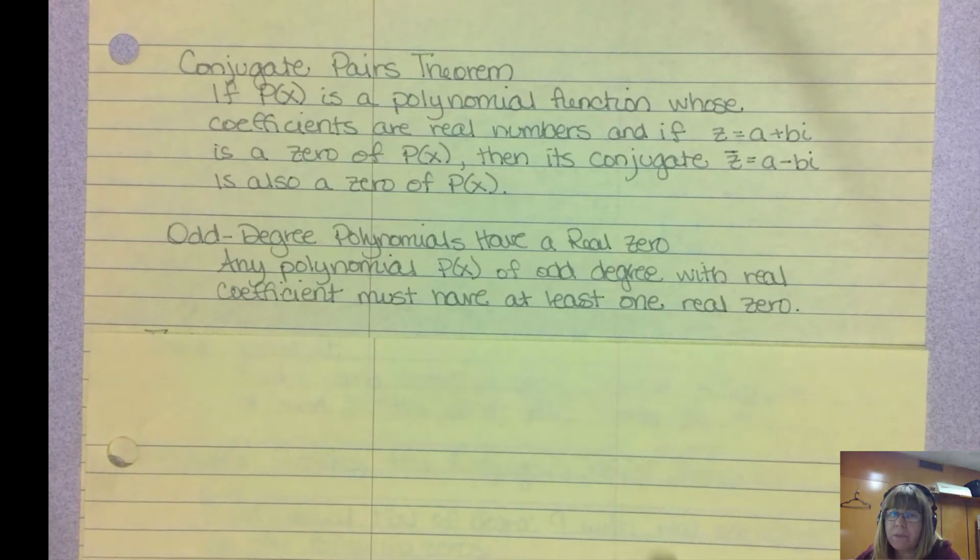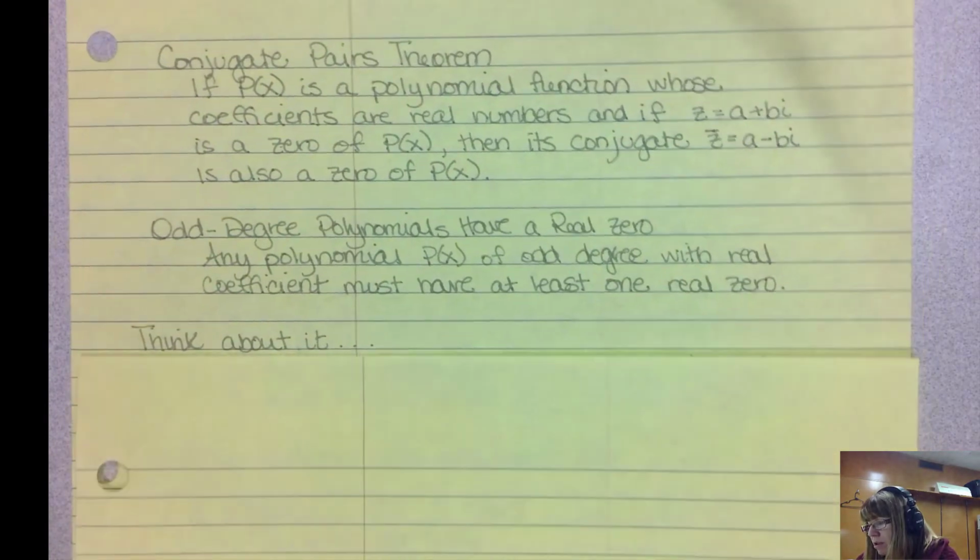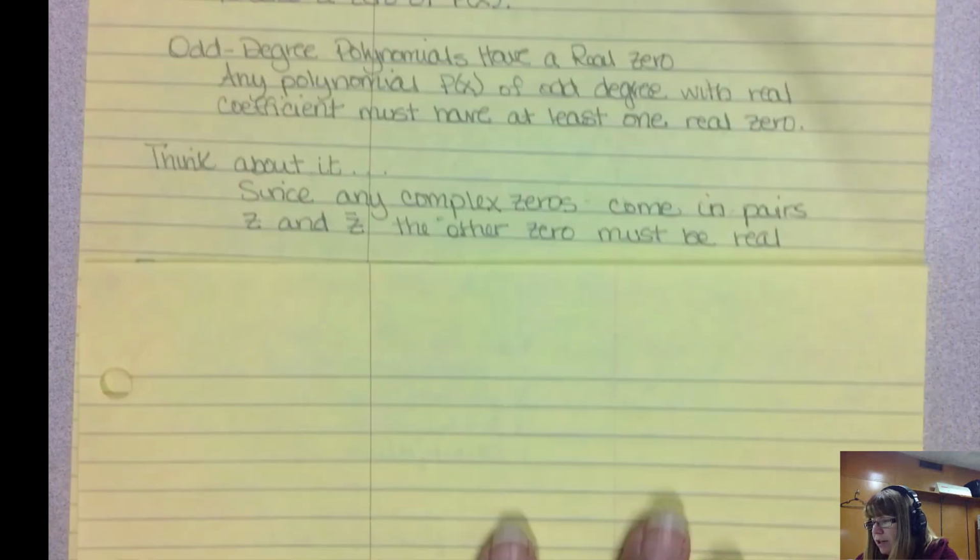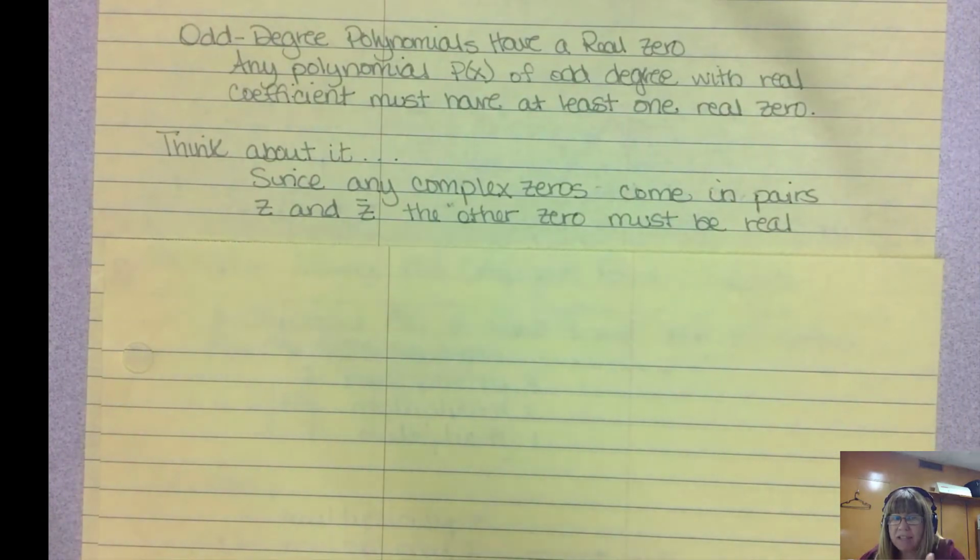We might have more, but we have at least one because all the complex answers come in pairs. So let's think about it. Let's say we're working with a degree of 5, and I have this pair of complex zeros, and then I have this pair of complex zeros. Well, the remaining 0 does not have a pair to go with, and therefore it must be a real solution.